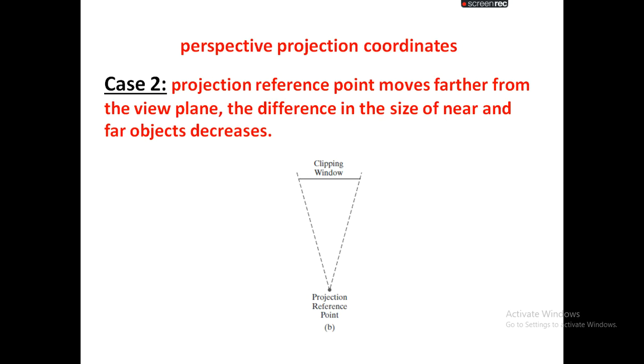Means when you place the projection plane or view plane far away from the projection reference point, an object that is nearest to the view plane looks larger. If any object is far from the projection plane, it looks very small.